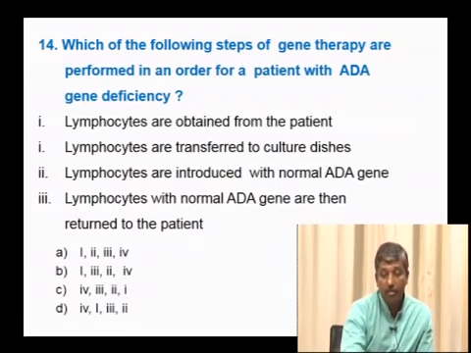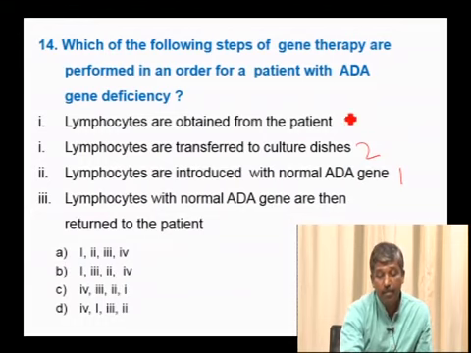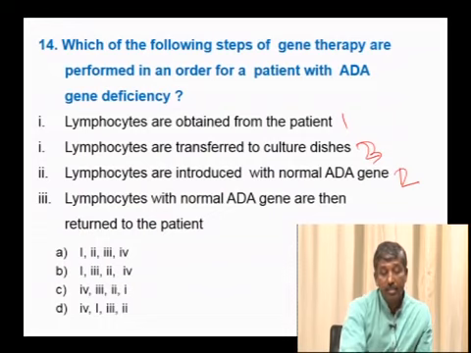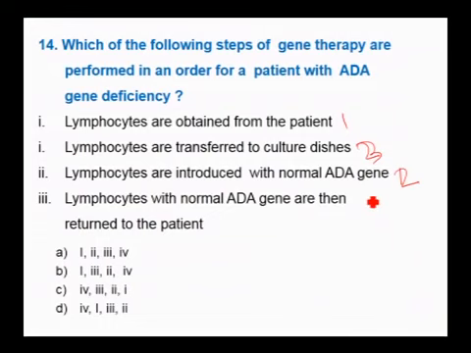The first step is that lymphocytes are obtained from the patient; then 1, lymphocytes are introduced with the normal ADA gene; 2, lymphocytes are transferred to culture dishes; and lymphocytes with the normal ADA gene are then returned to the patient. Hence it is 1, 2, 3 and 4.